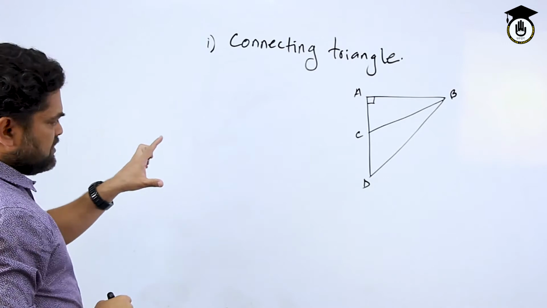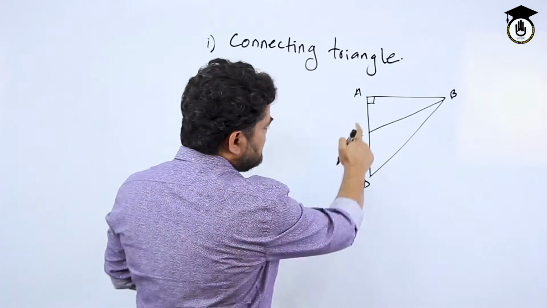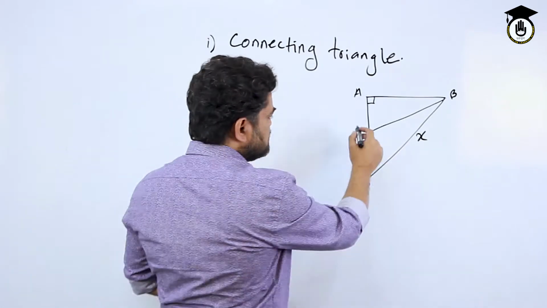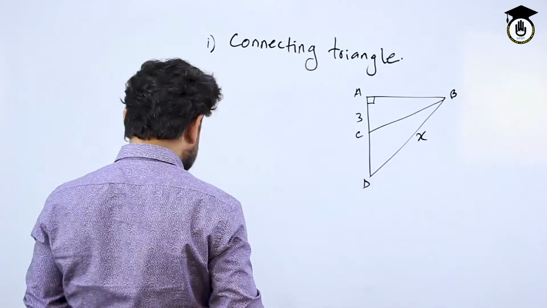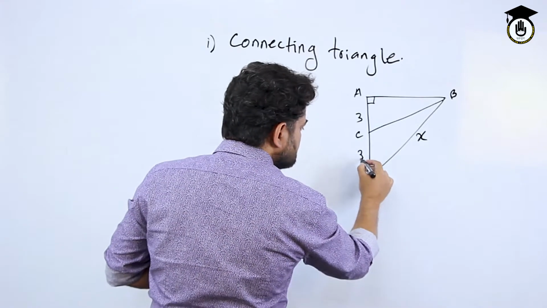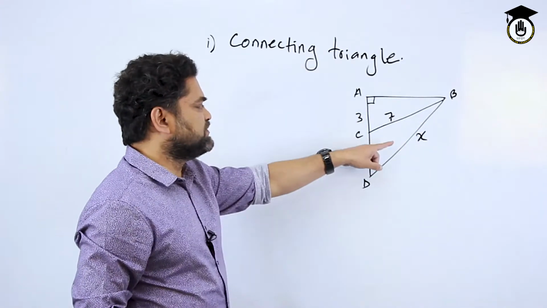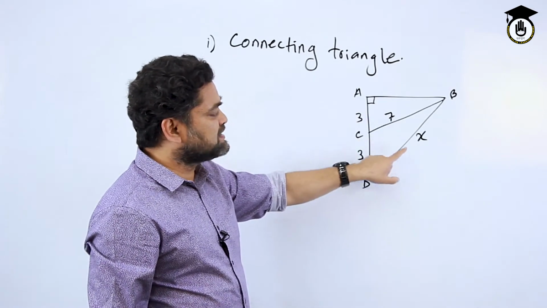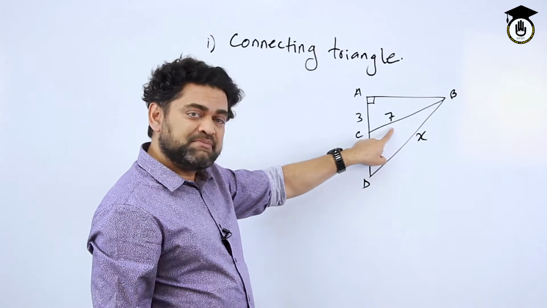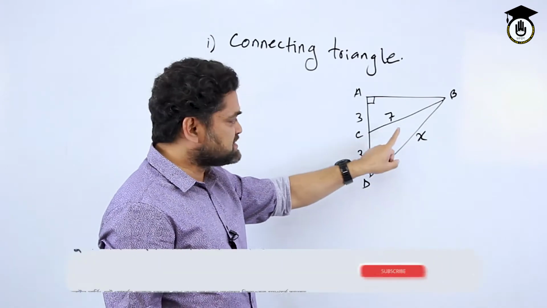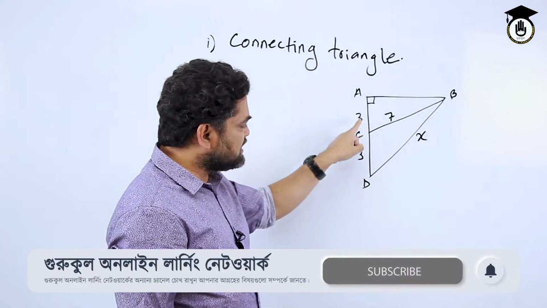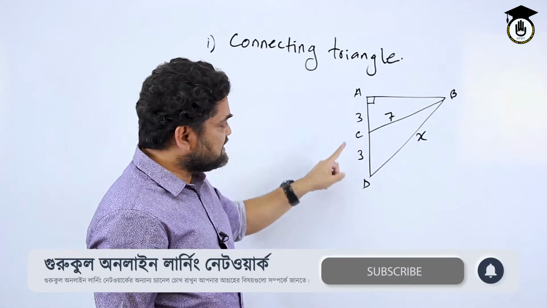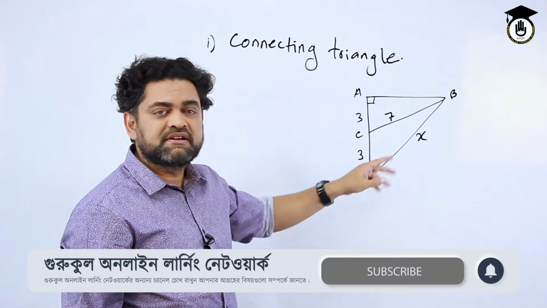The side opposite the 90-degree angle is the hypotenuse. Some sides are given, and I consider this one as 3. 7 is a hypotenuse and x is also a hypotenuse, but 7 is for the small triangle ABC, and the bigger triangle is ABD. It's clearly written over here.